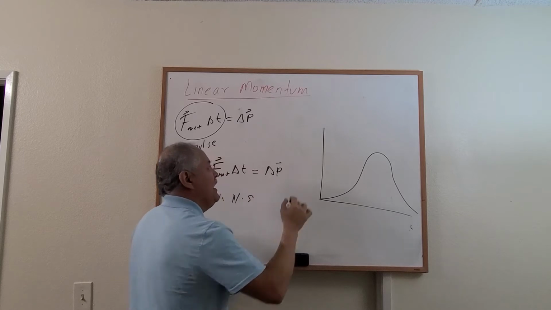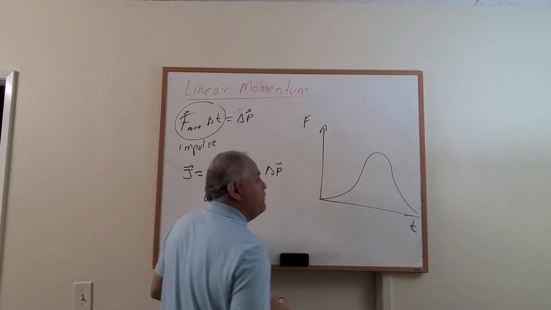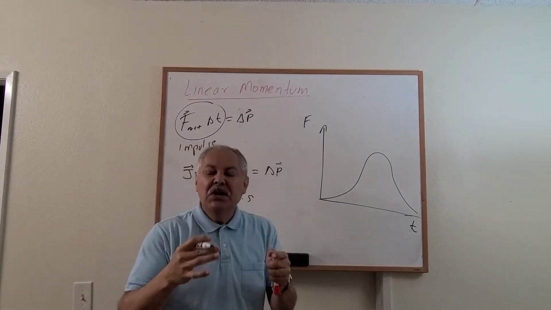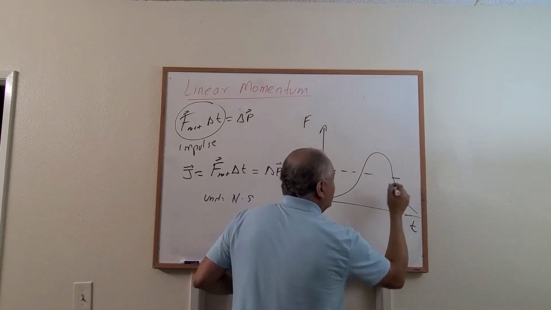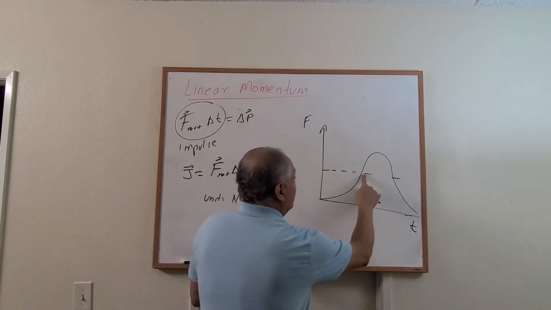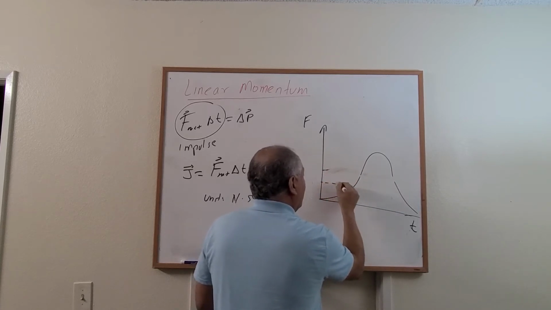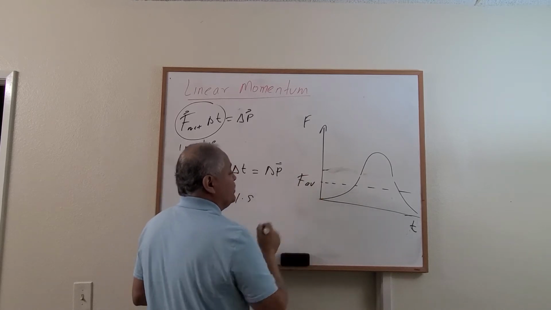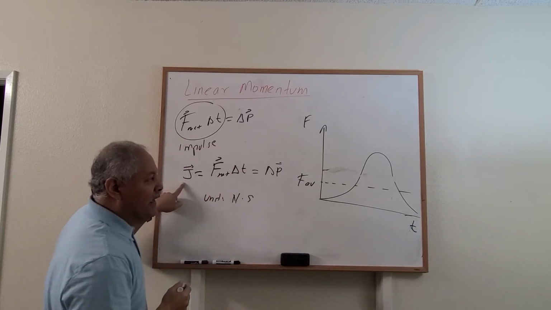If this is force, and this is time. Usually when we have a quantity that changes, we use the average. Imagine the average could be right here, below. That's the average. So this average force times the time creates the impulse.